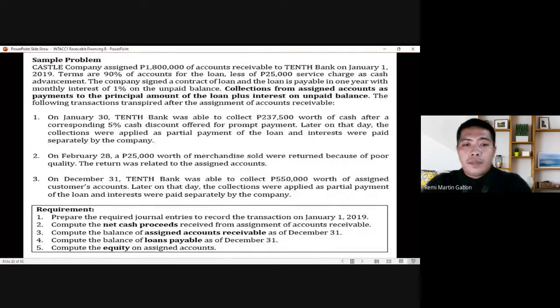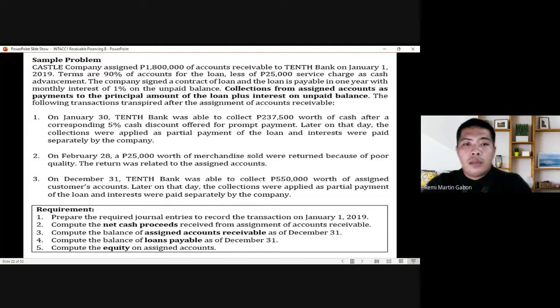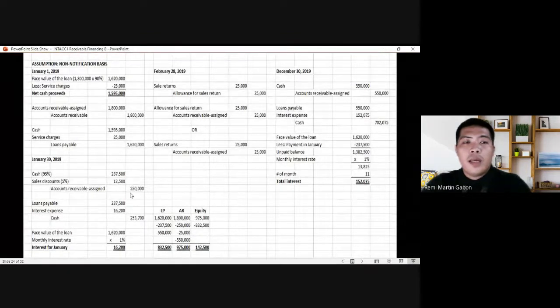So if we go back to our solution with non-notification basis, observe that we have a separate journal entry for the collection. We debit cash, debit sales discount, and credit accounts receivable - assigned.